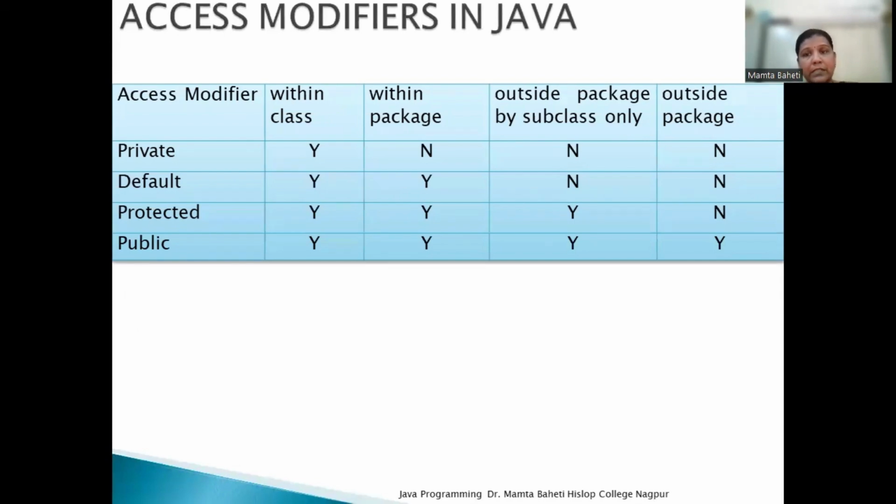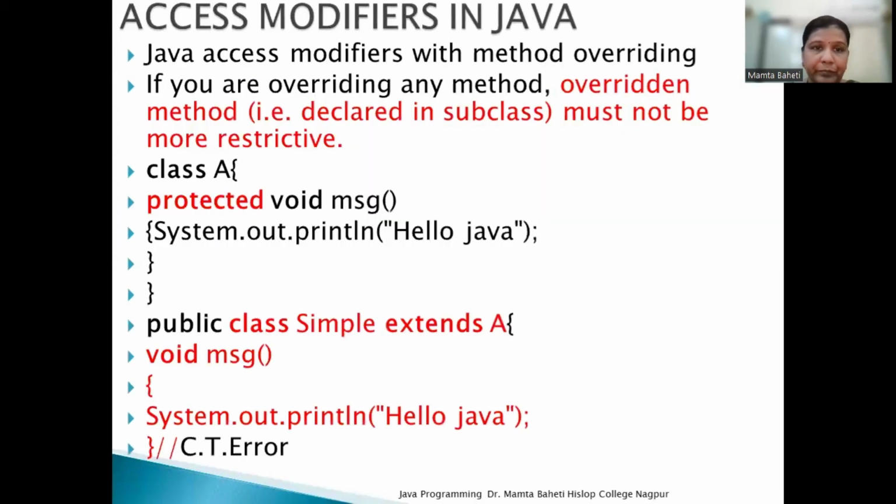Protected is accessible within the class, within the package, and outside the package by a subclass only, and that too if it is inherited. Outside the package, if it is not inherited, it is not accessible. And public can be accessed everywhere beyond the scope.